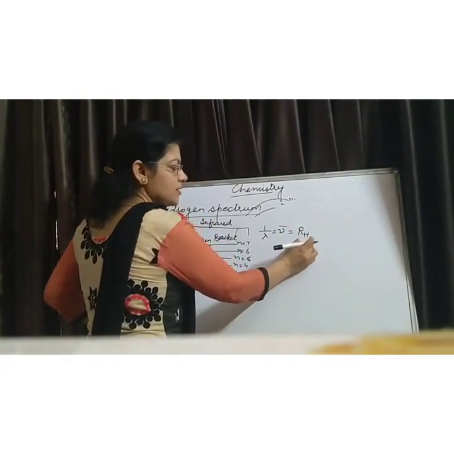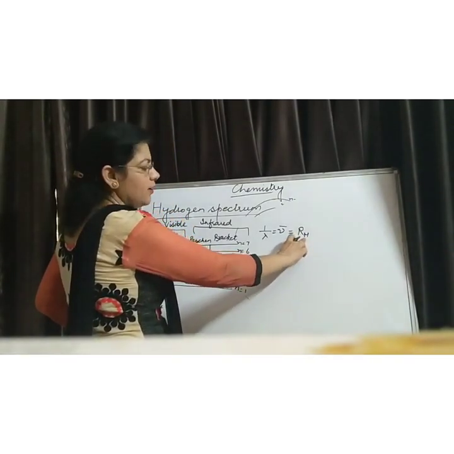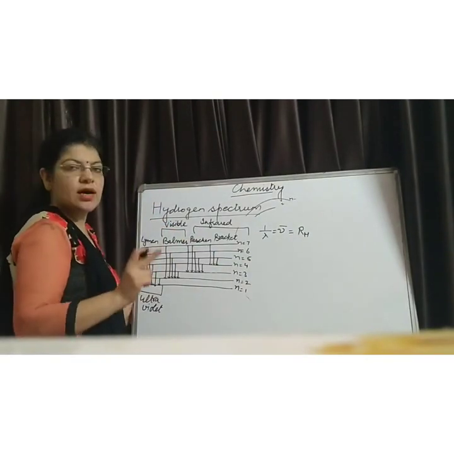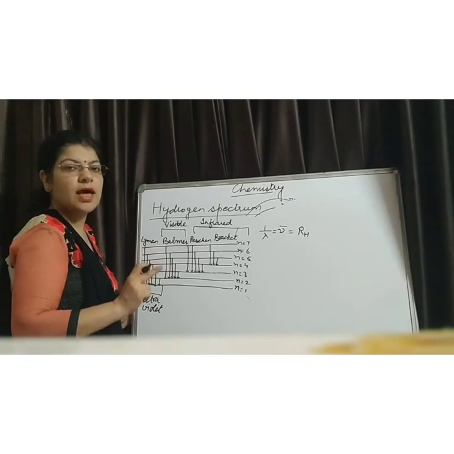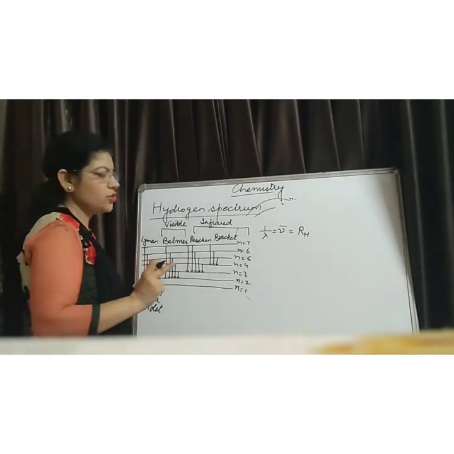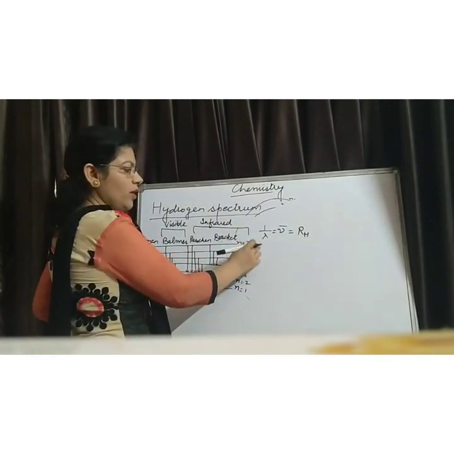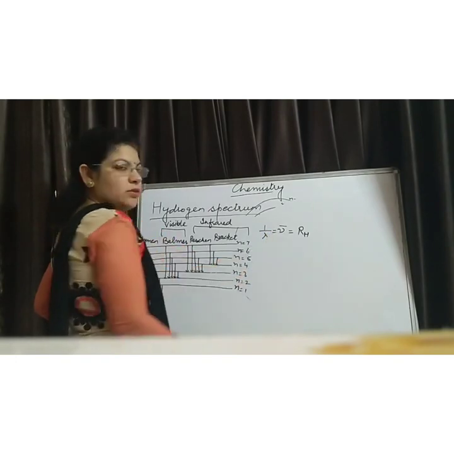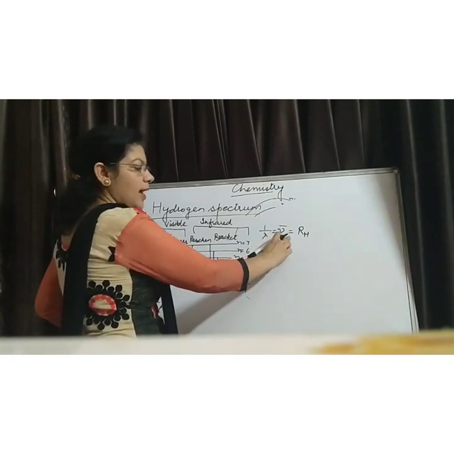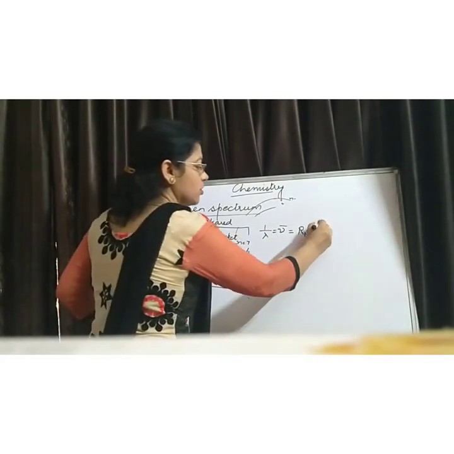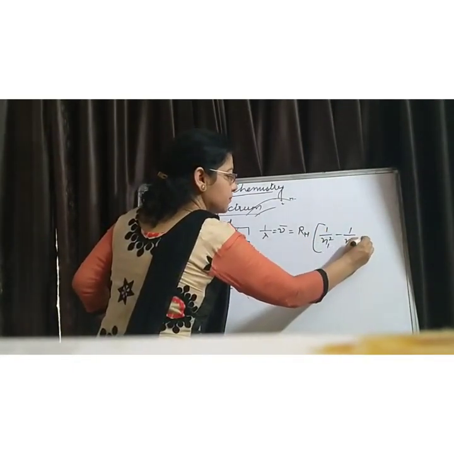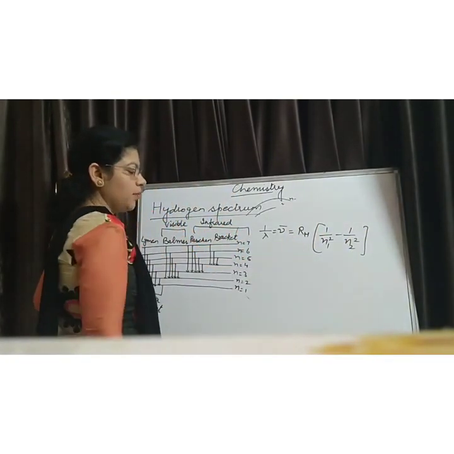This RH is known as the Rydberg constant for hydrogen. Here H represents the hydrogen atom, or those ions which have a hydrogen-like structure, with only a single electron in their shell. The formula is 1 by lambda equal to nu bar, calculated as RH times 1 by n1 square minus 1 by n2 square, where RH is the Rydberg constant.